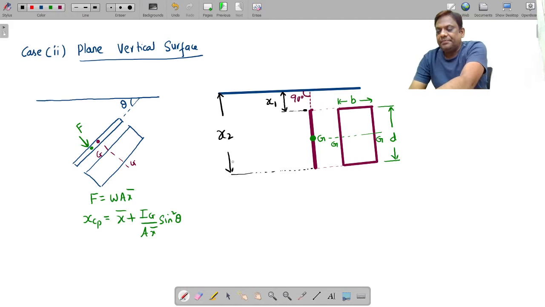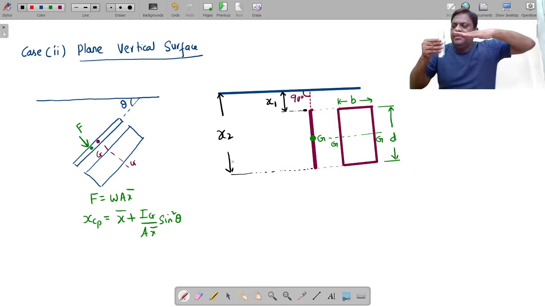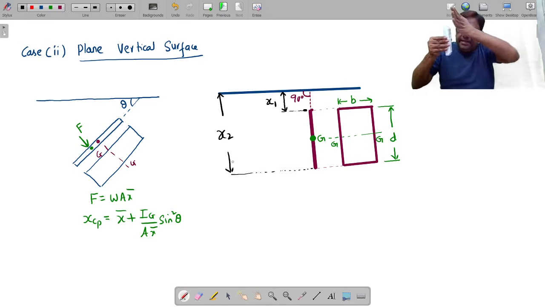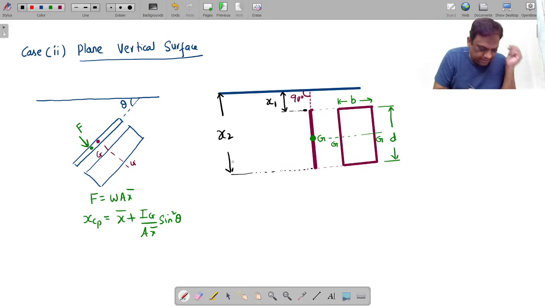You know very well, if this is the plane vertical surface, this is the area on which the fluid is exerting force. Arya, I am showing on one side. If there is a fluid on the other side, there will be force on the other side also, but I am showing one side. So what will be the force? It will be normal to this surface. And with depth the pressure is increasing, so it is always normal to the area. Therefore, we will show it clearly.